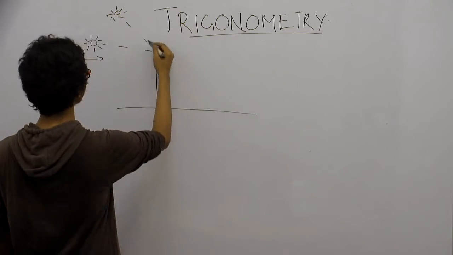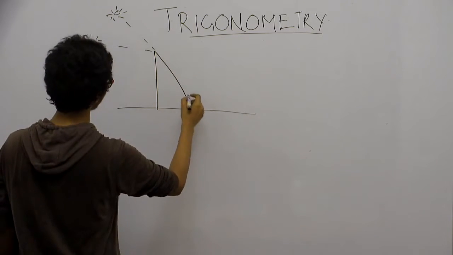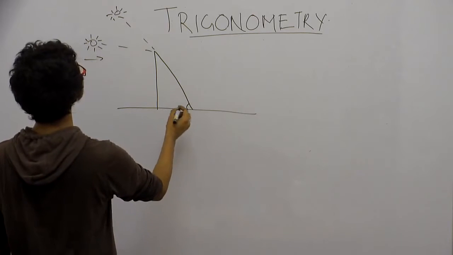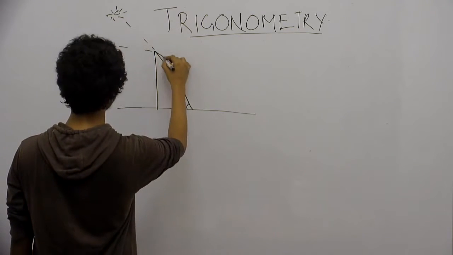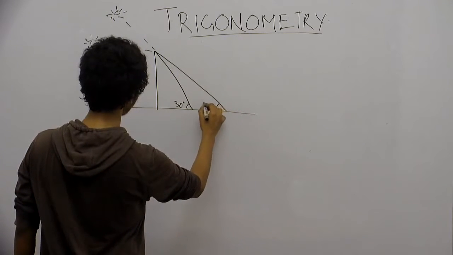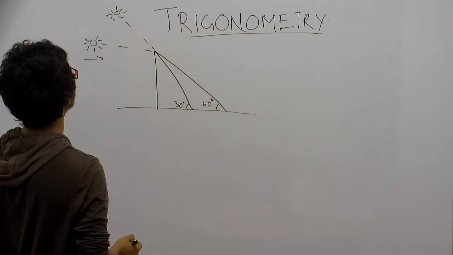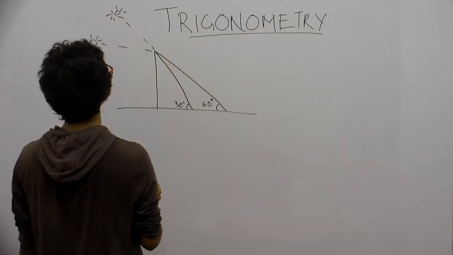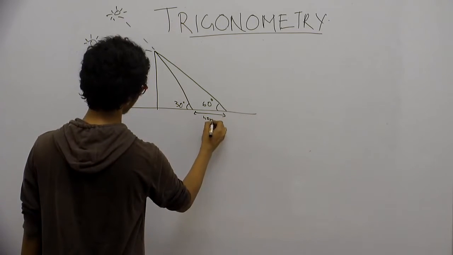At a particular time of the day, the shadow of the tower makes an angle 30 degree, but at a different time of the day, it makes an angle 60 degree. We have to find the height of the tower, given that this distance is 40 meters.